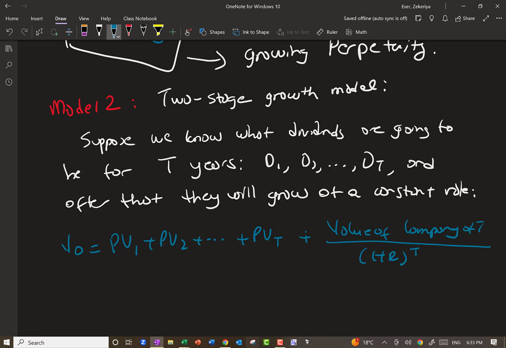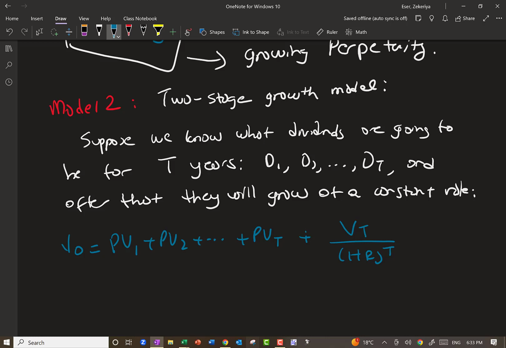But we're going to discount that. Actually, let me put it this way. Value of the company at T. Think of it this way. If you own this stock, you're going to get dividends D1 through DT.